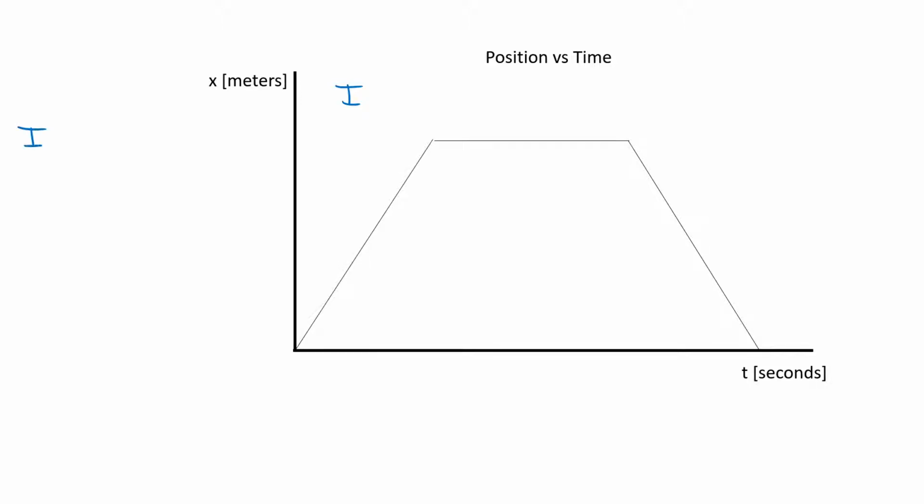There's more room over here. I'm going to say region 1, moving with a constant velocity away from the origin. Or I'll just summarize it, moving with a constant velocity. That's good enough for this description.